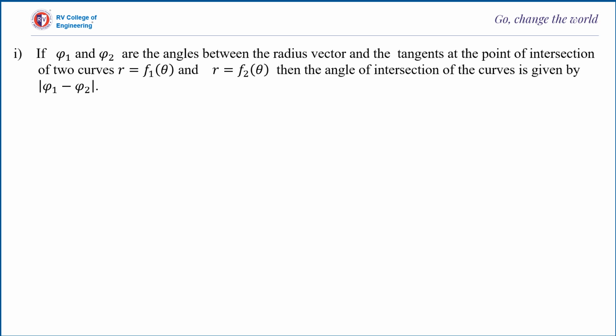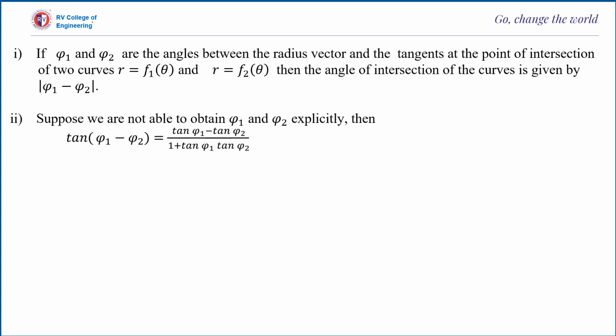If phi1 and phi2 are the angles between the radius vector and tangents at the point of intersection of two curves r equal to f1 of theta and r equal to f2 of theta, then the angle of intersection of the curves is given by modulus of phi1 minus phi2.